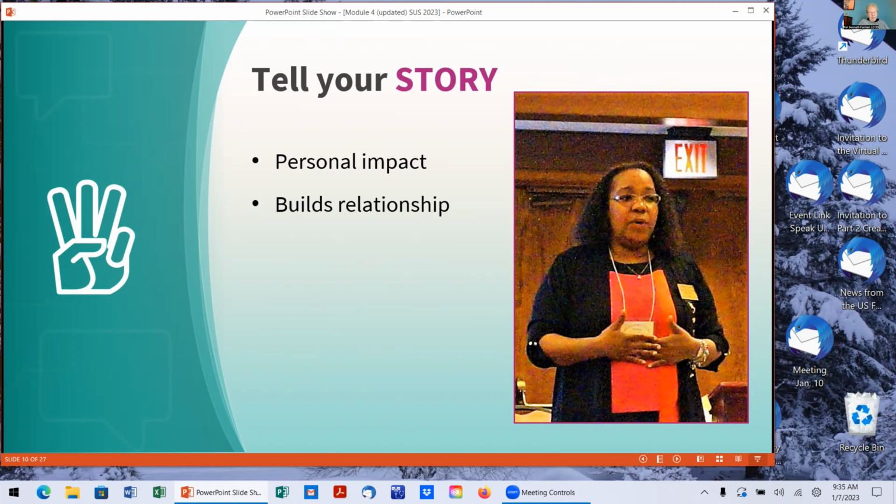Your story can help to build a relationship with that individual. Remember that people in a relationship care about each other, and you certainly want those legislators to care about you and your issue. A personal story helps to make the audience remember you and your point. It makes it memorable.